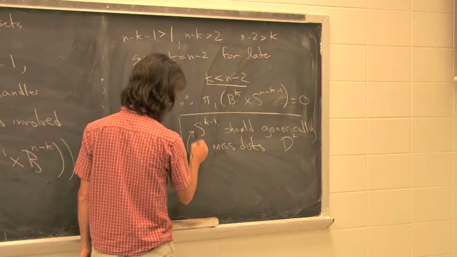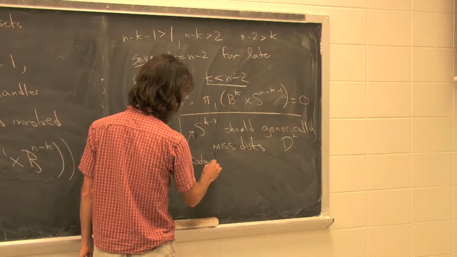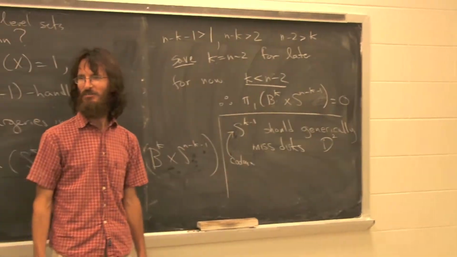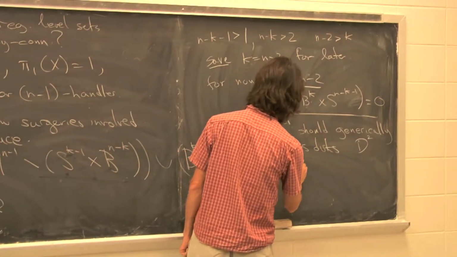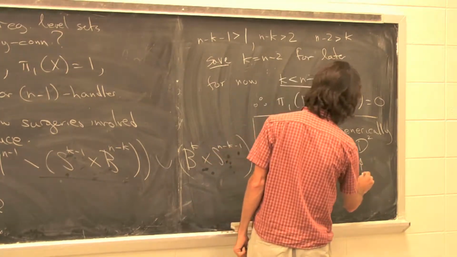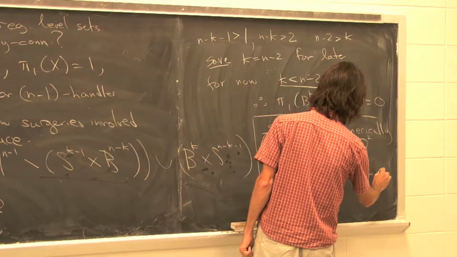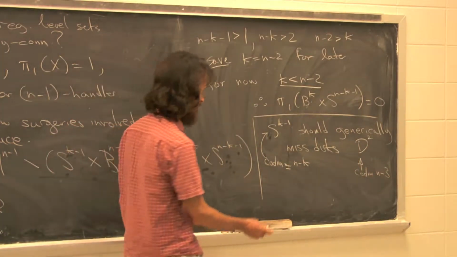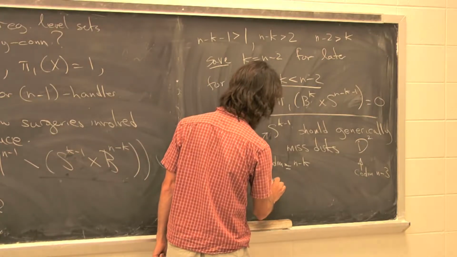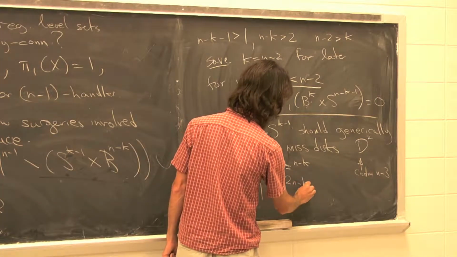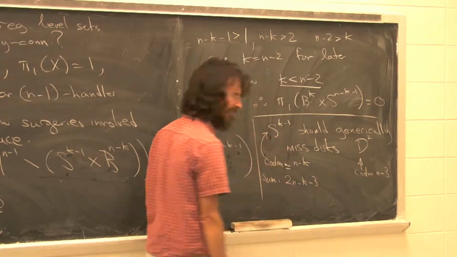This has codimension n minus 1 minus k minus 1, which is n minus k. And this has codimension n minus 3. We add the codimensions, so the sum of the codimensions is 2n minus k minus 3.